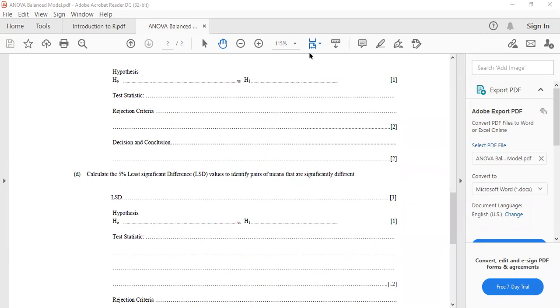So remember, we got y bar 1 dot is 3.588, y bar 2 dot is 4.476, and y bar 3 dot is 4.96. So let's substitute and get the absolute value.